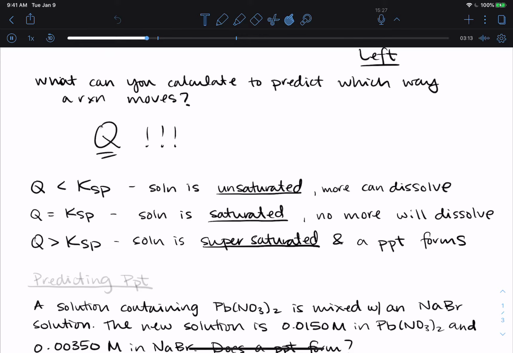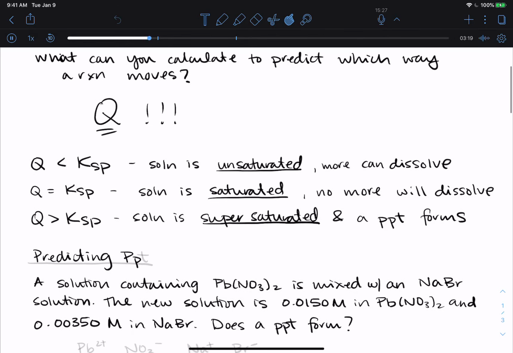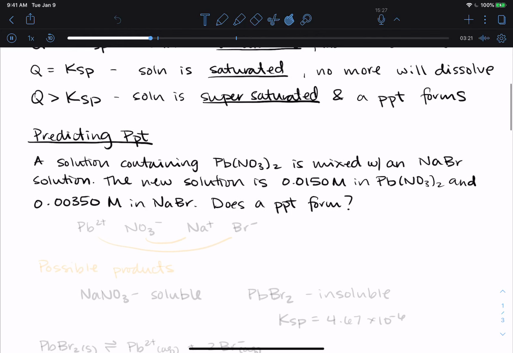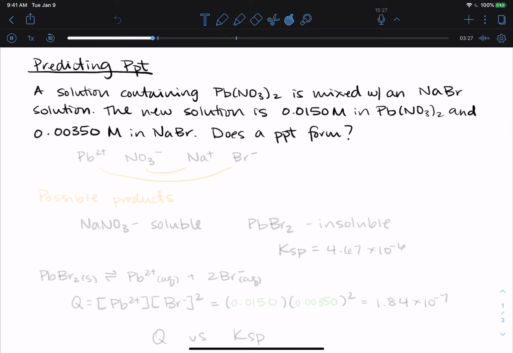So in order to predict precipitation, well, we don't have to do too much that's different. The only different thing is making sure we can pull the right information out of the problem to put into the calculations that we need to do. So I'm going to pause here, get this problem written out, and I'll be right back.